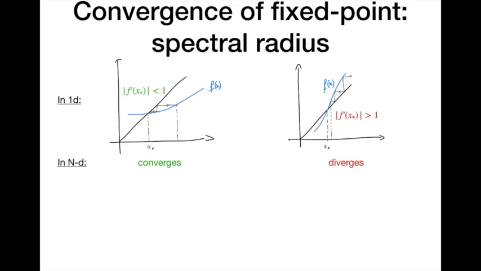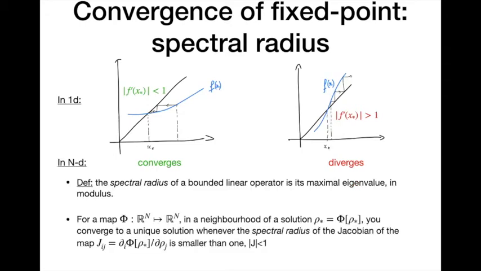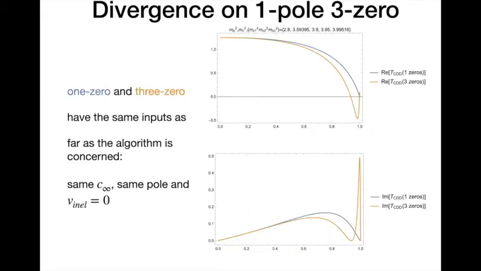In n dimensions, there's a very similar argument: instead of the derivative of the function, you use the spectral radius of the Jacobian. The Jacobian is just the derivative of the map, and the spectral radius is the largest eigenvalue. So whenever the largest eigenvalue is smaller than 1 at the fixed point, you converge. That gave us a criterion to understand when we converge or not. It goes beyond Atkinson, by the way.